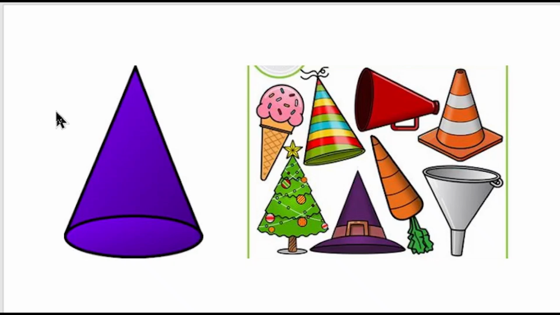And the hills and mountains, small hills, some rocks may be conical in shape, the end of pencils. So these are some of the cones. You have the ice cream cone, the joker's cap, the megaphone, the loudspeaker, the Christmas tree, the carrot. These are cones.